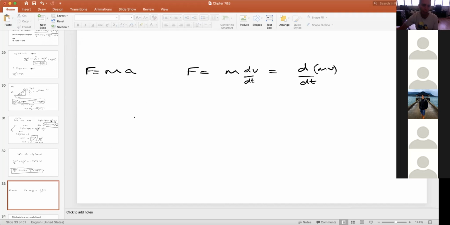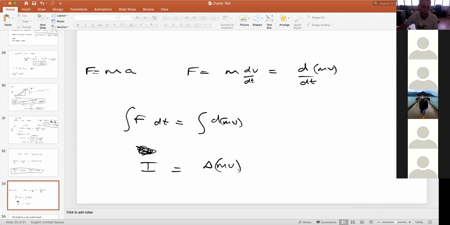So we get force dt is d(mv), and integrating this, force times time, which I'm just going to call an impulse, ends up being the change in mv.